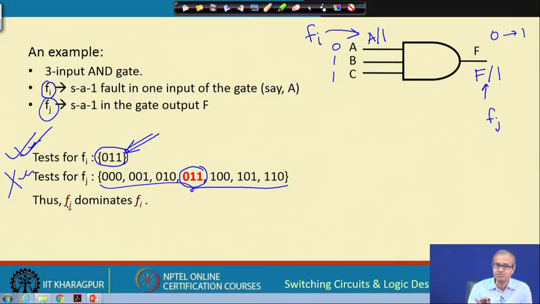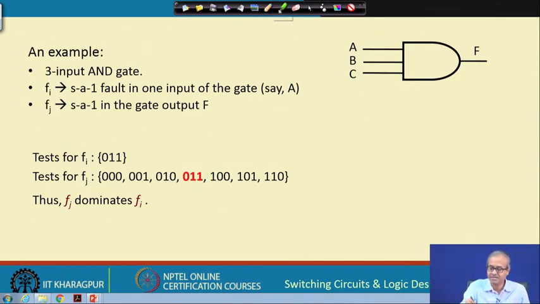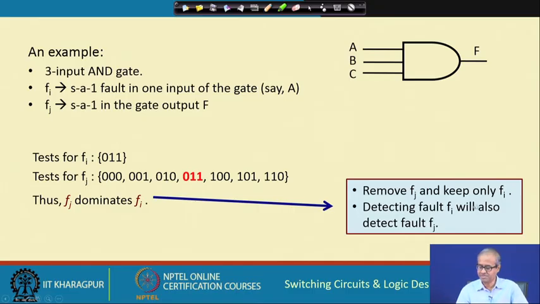So, F j will also get detected. Okay. This is the idea behind dominance fault collapsing. You keep F i, you delete F j. So, remove F j and keep only F i, because if you detect this F i, it will automatically also detect F j.